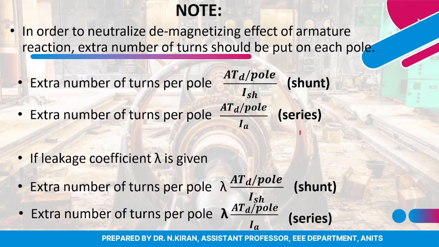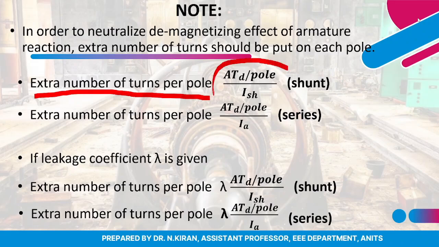In case we need to neutralize the demagnetizing effect, as I told you earlier, we need to add an extra number of turns on each pole in order to eliminate that particular effect. If it is a shunt machine, I can get the extra number of turns per pole by dividing the ATD per pole, that is demagnetizing ampere turns per pole, by the shunt field current.